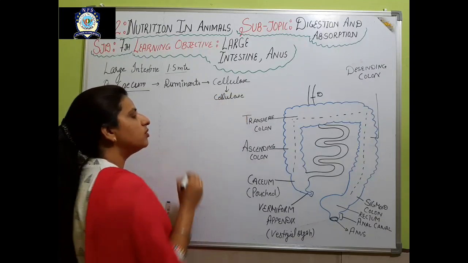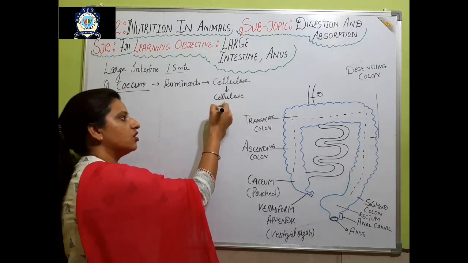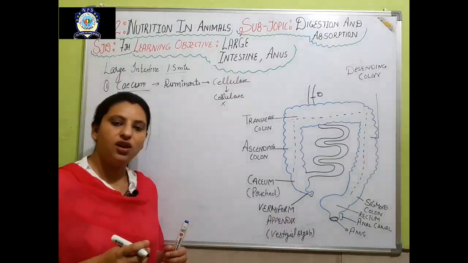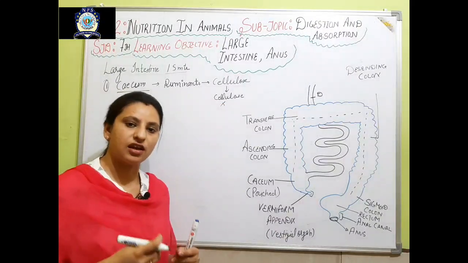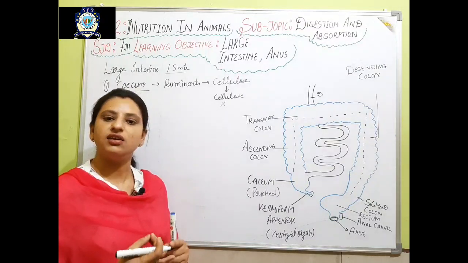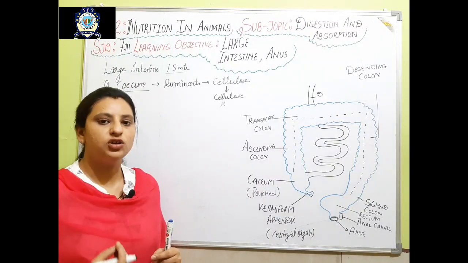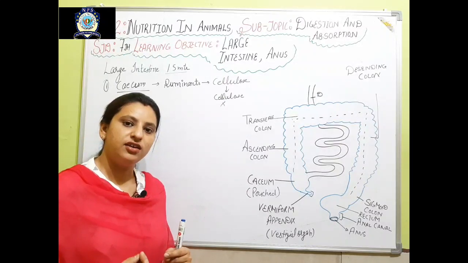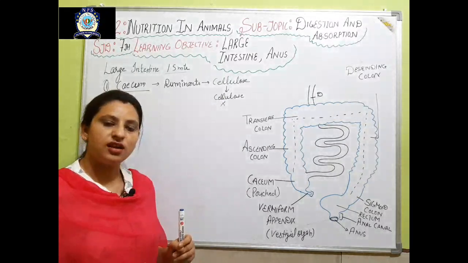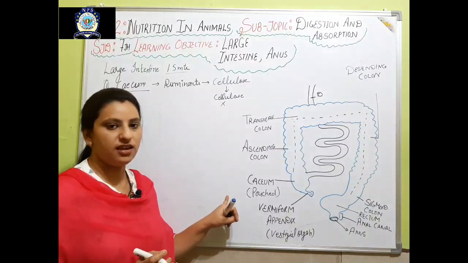Humans do not have this cellulase, so it is not possible for us to digest cellulose, which is present mainly in grass and is a polysaccharide. Our body is not able to digest such a polysaccharide, so the cecum is reduced to a pouch-like structure.